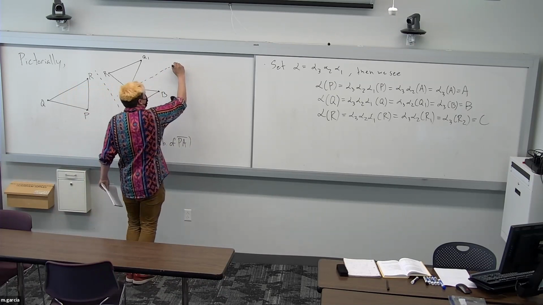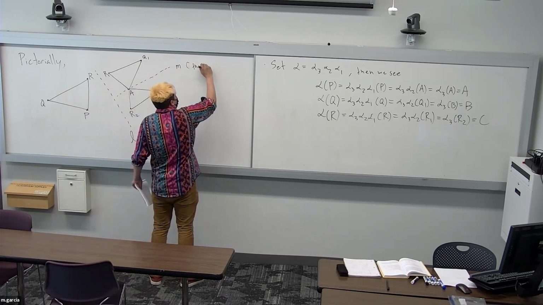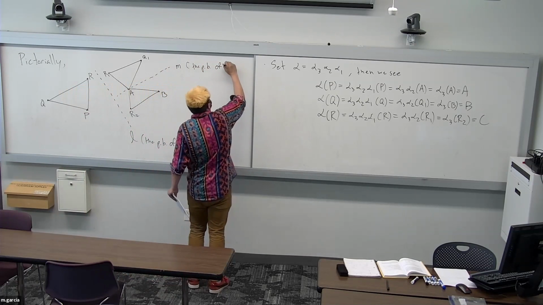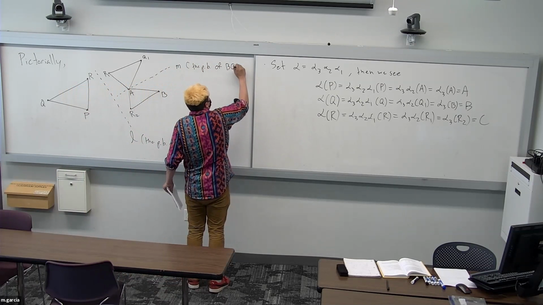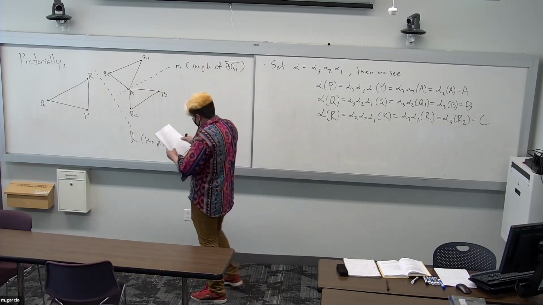here's my line M, the perpendicular bisector of the line segment BQ1, right?